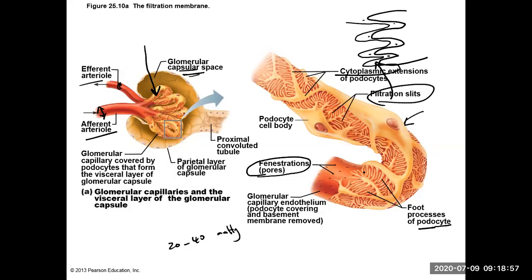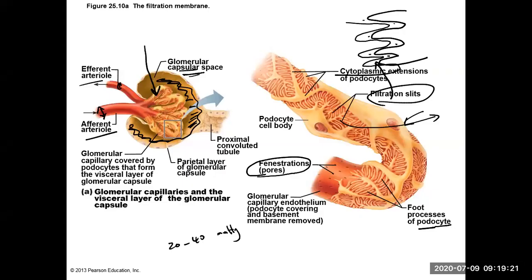That is the stuff that does not pass. The smaller stuff passes the filtration slit and ends up in this space, which is called Bowman's capsular space, or glomerular capsular space.